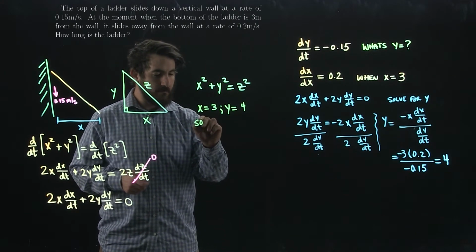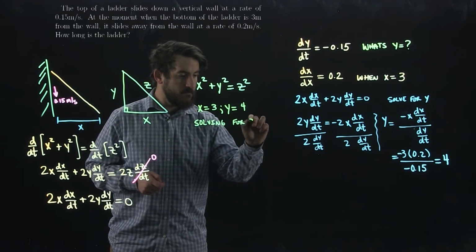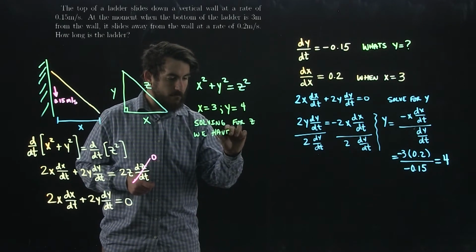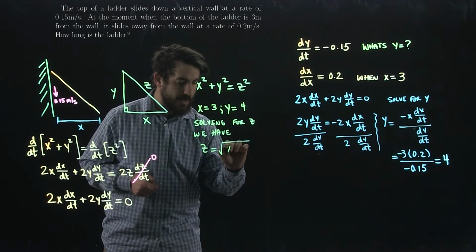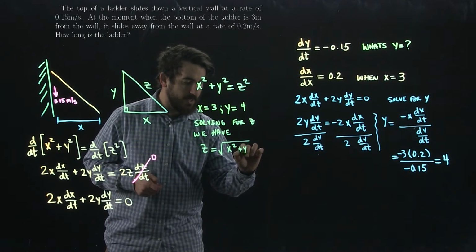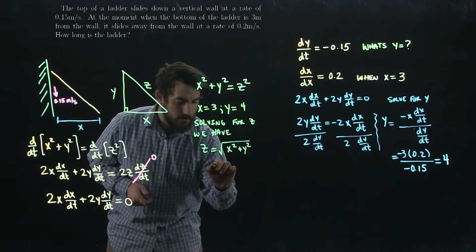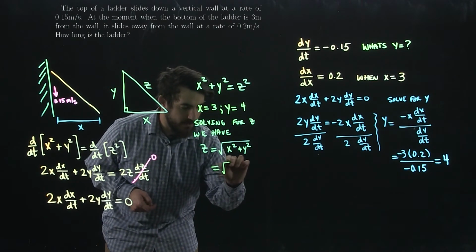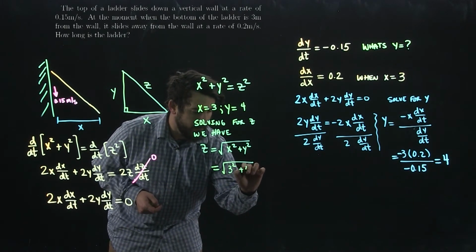Solving for z, we have z equals the square root of x squared plus y squared. Given that x equals 3 and y equals 4, that's the square root of 3 squared plus 4 squared.